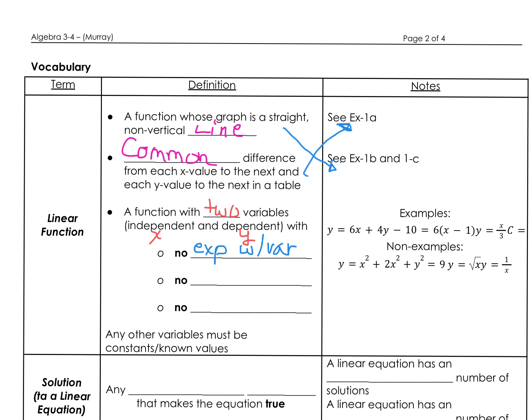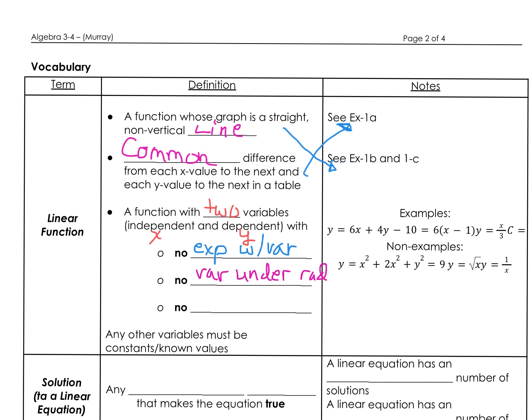Then the next exception would be that there will be no variable under a radical. So I'm going to abbreviate that as rad. So remember that radicals can be written as fractional exponents. So they count as an exponent that's not 1. So anytime you have a variable underneath a radical like the square root of x or the cube root of y, that's going to make our function not linear.